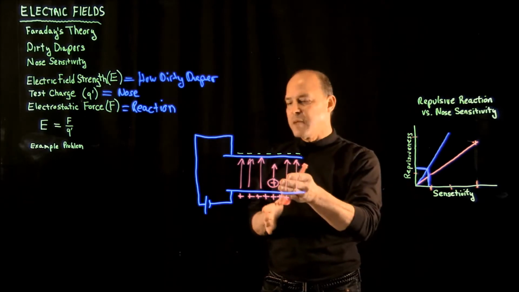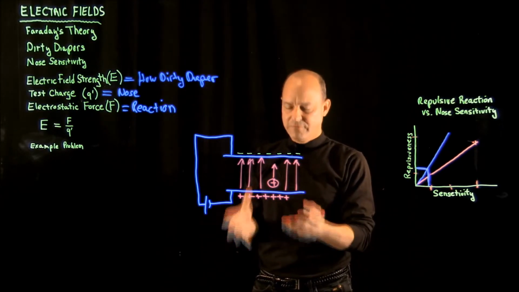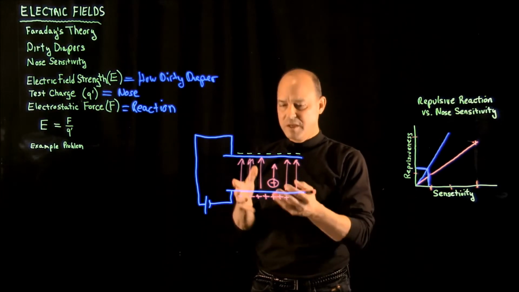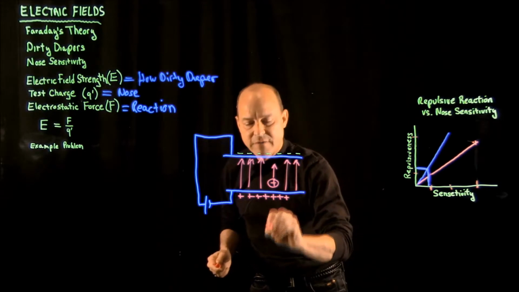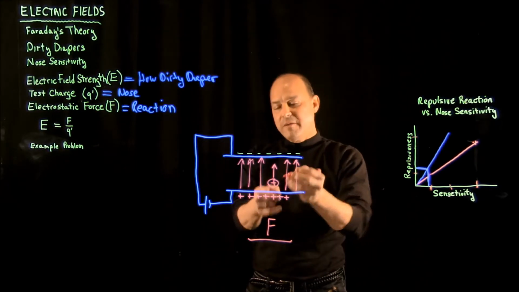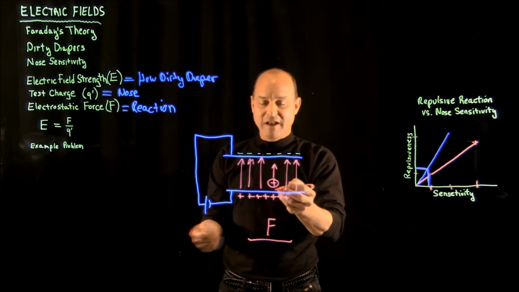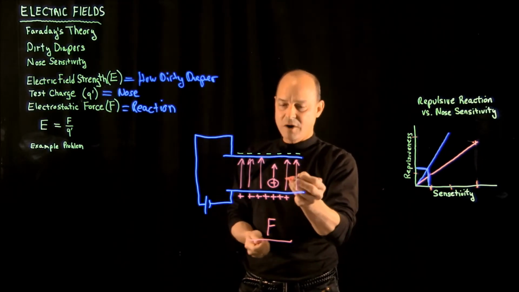The force that particle is going to experience, it's a real force. It is matter that is being moved. There's work being done by pushing that particle up. So there is a force involved here. Now, the amount of force that it experiences depends on how much charge is on that particle, right?